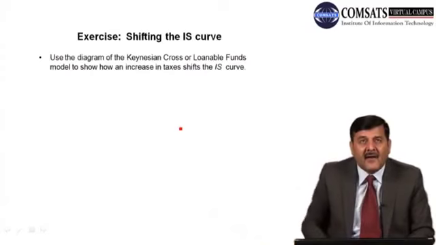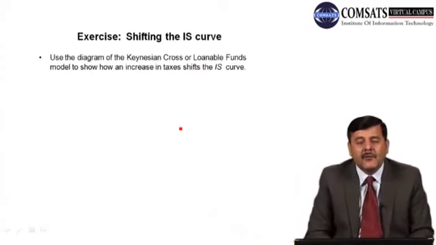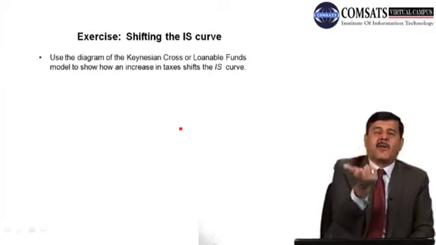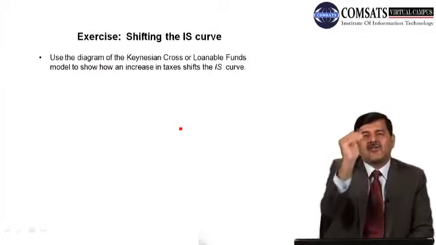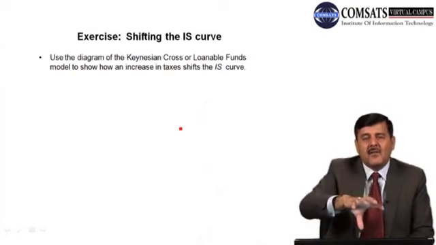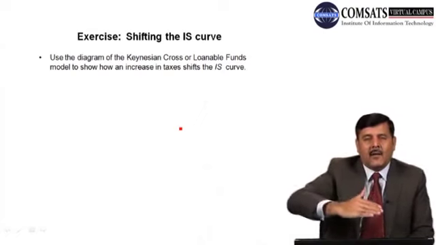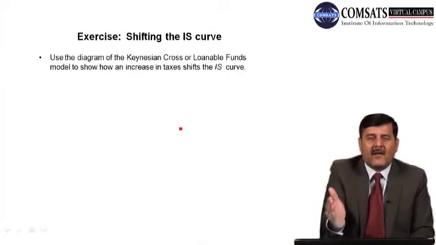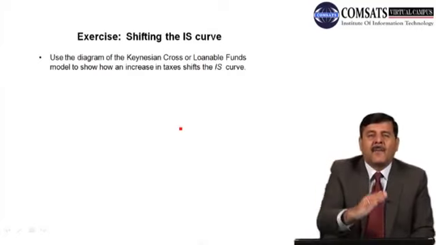Now the exercise which I am giving to you: I have used a fiscal policy variable to shift the IS curve. You are going to use the Keynesian cross or the loanable funds market to show how an increase in taxes shifts the IS curve. Fiscal policy has two components, G and T. I have just changed G and seen the shift in the IS curve, how G is affecting the IS curve.